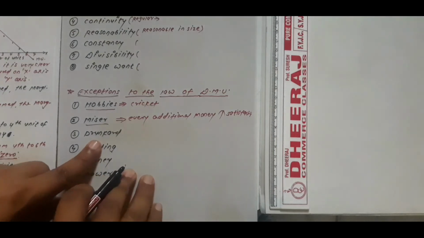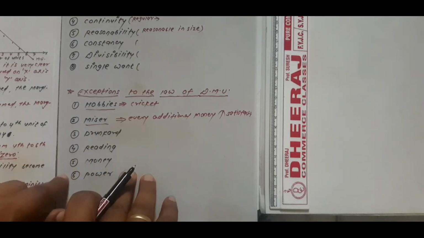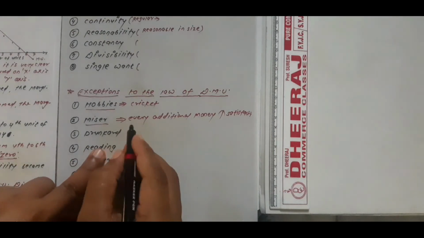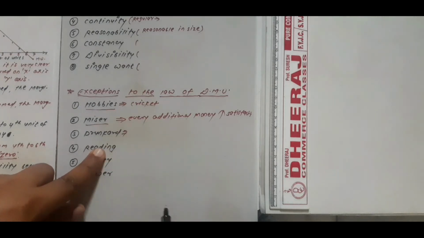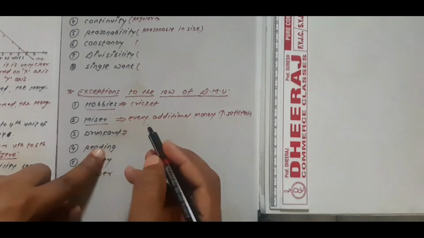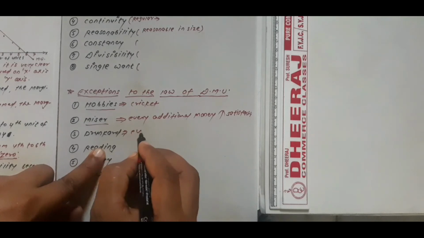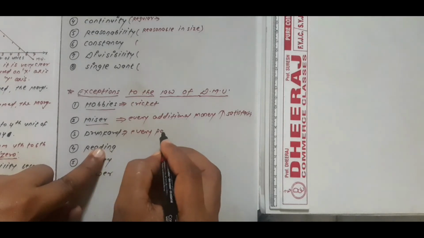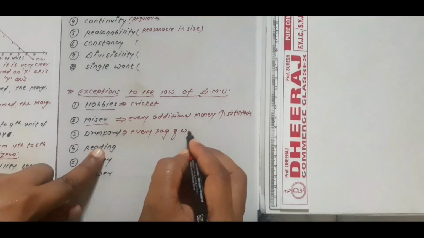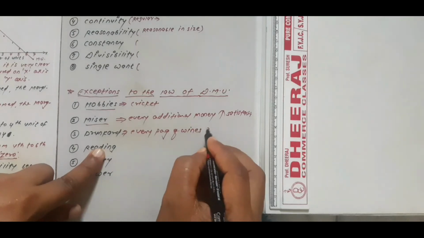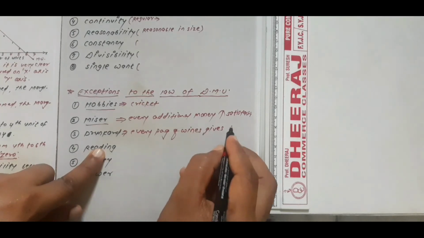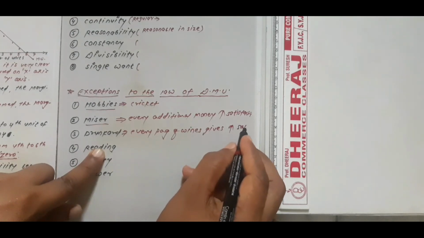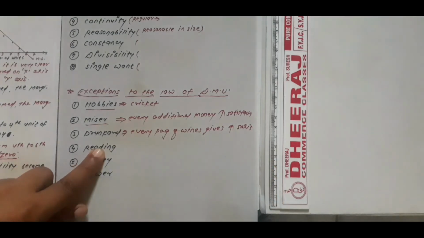The next one is the drunkard. In the case of a drunkard, we have already seen that every bag of wine gives more and more satisfaction. So this is regarding the drunkard.